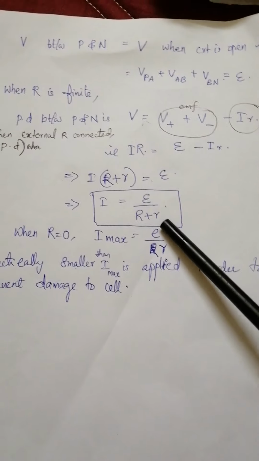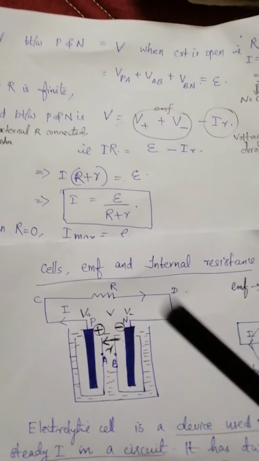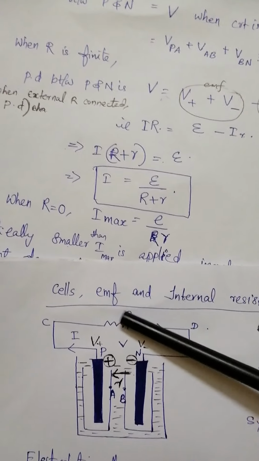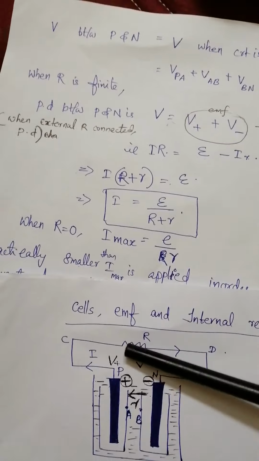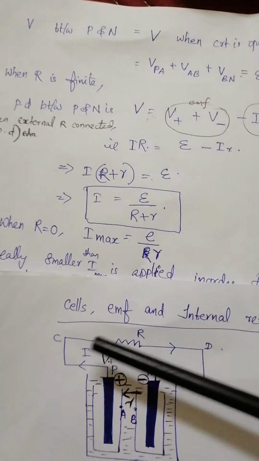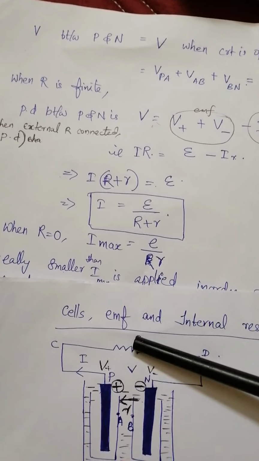Now if we consider this R equal to 0, R equal to 0 means no resistance in the circuit. It's a pure conductor, no resistance, and it will have maximum current.